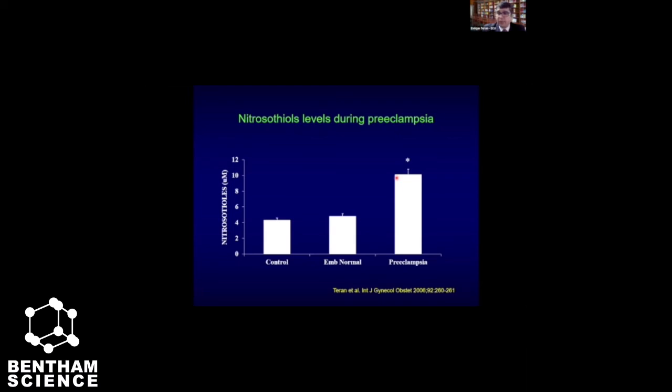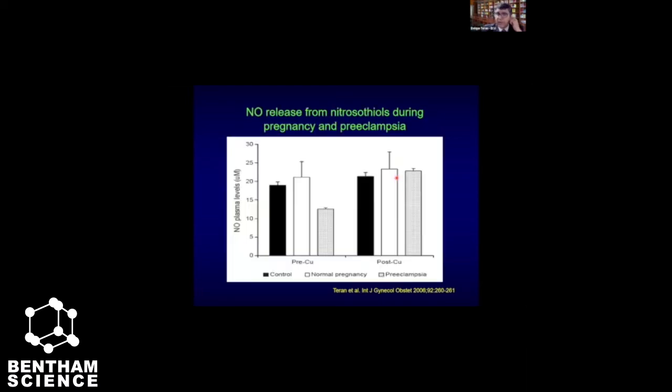Based on that, we did an experimental approach. We took blood from women with preeclampsia and with normal pregnancy, and we decided to do a chemical breakdown of nitrosophiles to see if we could recover nitric oxide. And as you can see in this picture, when we take the samples untreated and measure the levels of nitric oxide, women with preeclampsia show significantly lower levels of nitric oxide compared to normal pregnant and controls.